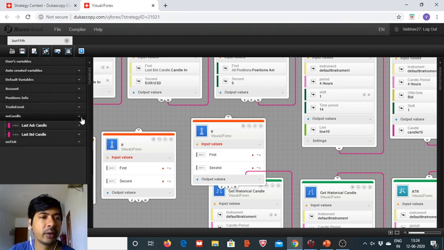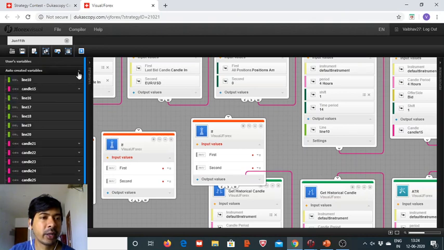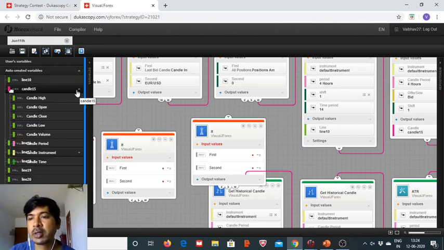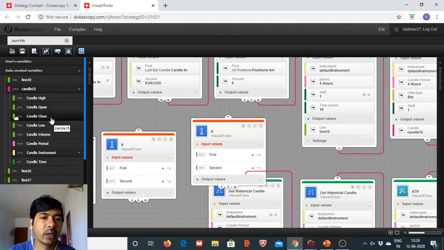So here, not here, user created, auto created. Okay, so we got this candle 15, and then we will need to consider its closing level.